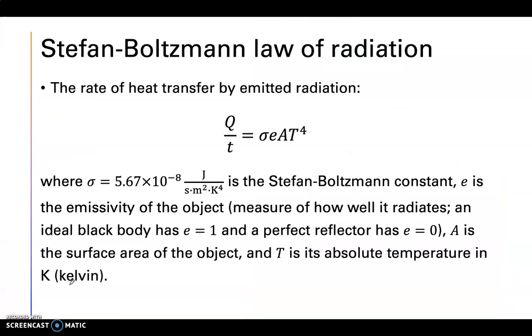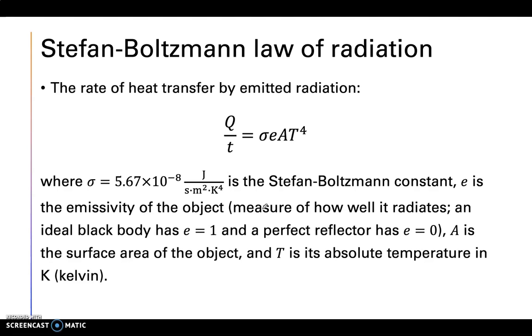When we're talking about radiation, there's a law that comes up called the Stefan-Boltzmann law of radiation. It describes the rate of heat transfer by emitted radiation. It says Q over T equals sigma, the Stefan-Boltzmann constant, times E, the emissivity of the object, or the measure of how well the object radiates.